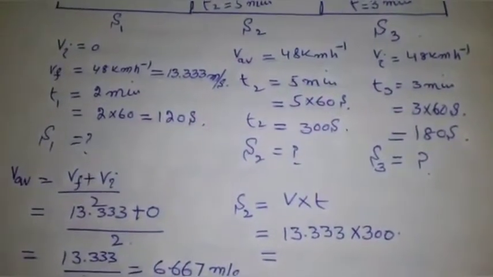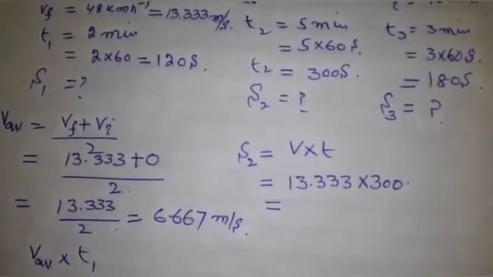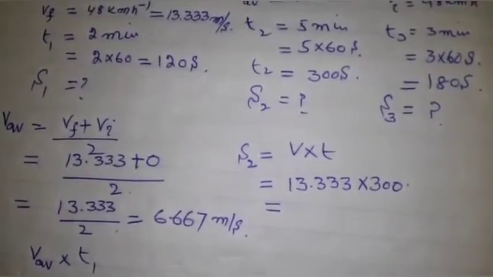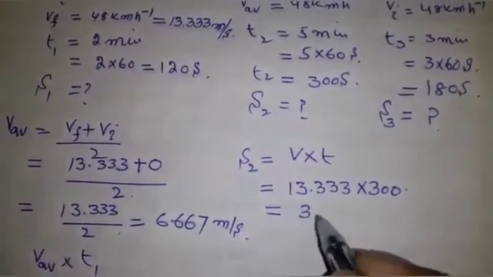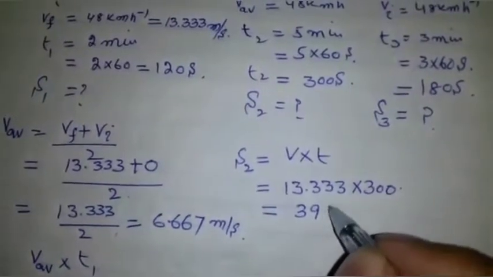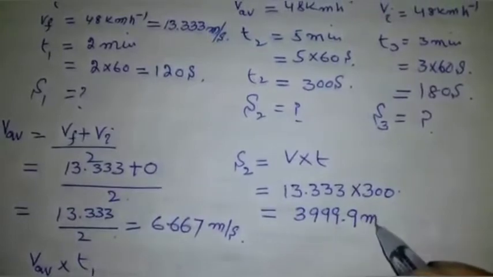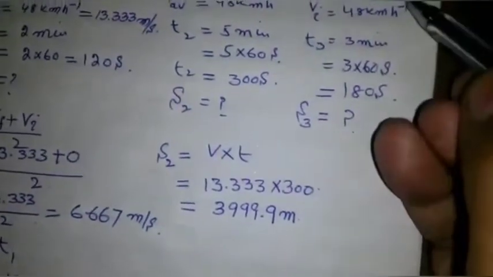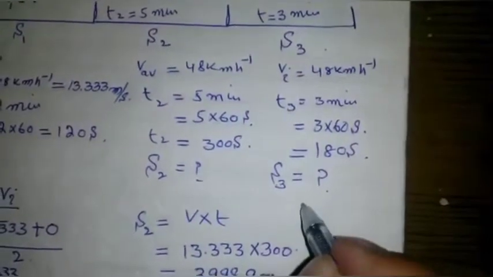We calculate this: 13.333 into 300, which is equal to 99.9 meter.